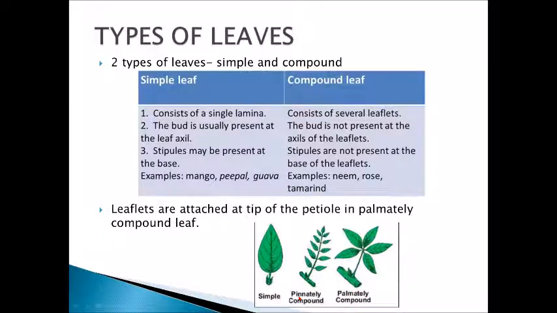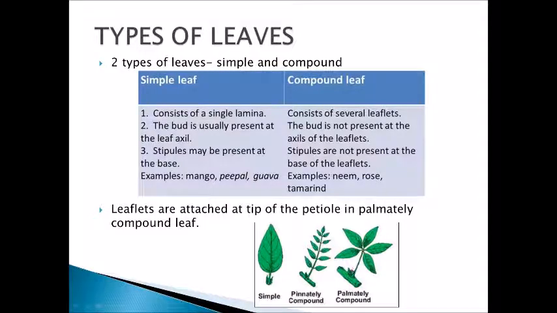Pinnately compound leaves, their arrangement is on both sides of the midrib. Here you can see this is the midrib and on both sides the smaller leaflets are arranged. But in palmately compound leaf, the leaflets are attached at the tip of the petiole.